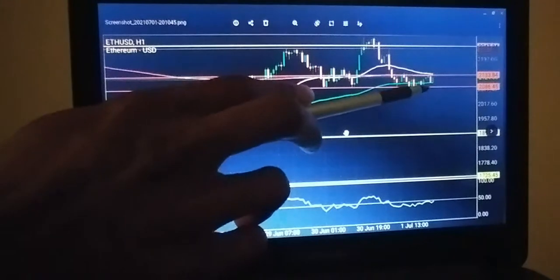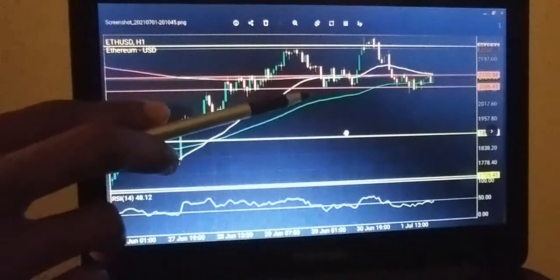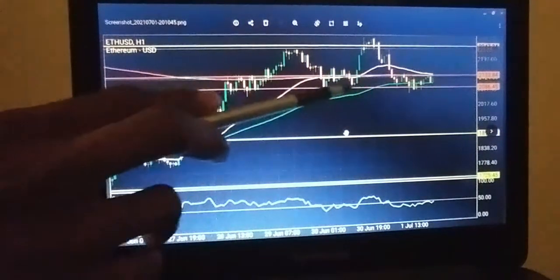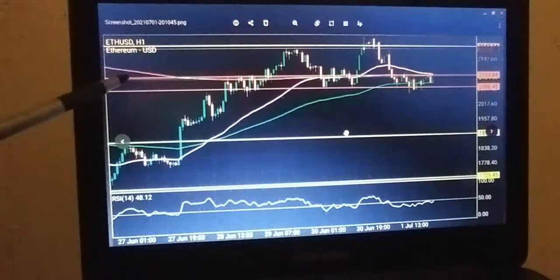But it could break out right here above the 21 period moving average, come back and retest, and then break back out. It could do the same thing likewise on the downward side, except it would go down, retest this level here, which is marked here by these pink lines, but this is the ranging area that it's been in for the past several hours or so.